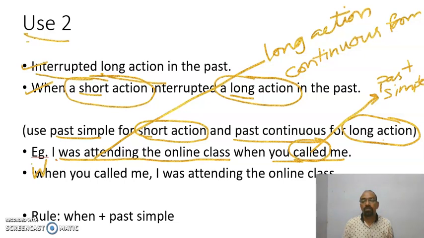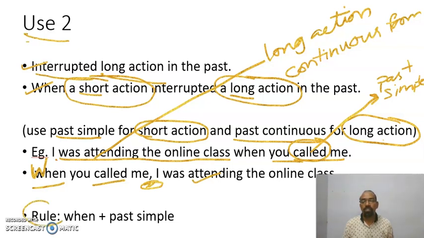So, the when part is with a short action, and when you start this sentence with the word when, put a comma here, don't forget it. And I was attending the online class.